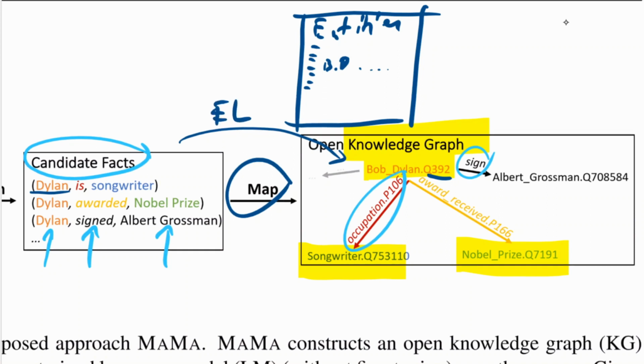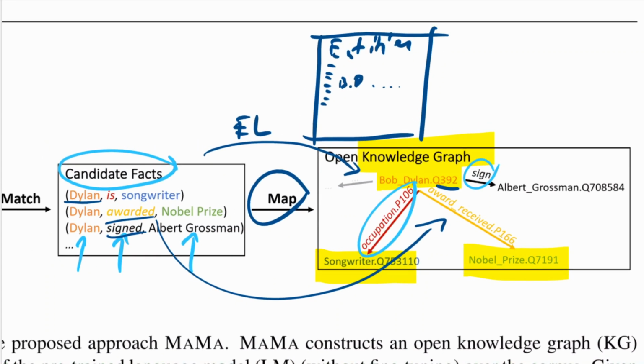And similar tasks exist for the relation, like awarded, mapping this to award received. So maybe there's some kind of a dictionary entry, award received, and what it means, and a bunch of examples, and you're supposed to map this to that. These are standard tasks, and the system that we are going to look at right here is not much concerned with these tasks. It simply uses pre-existing methods to do these things.